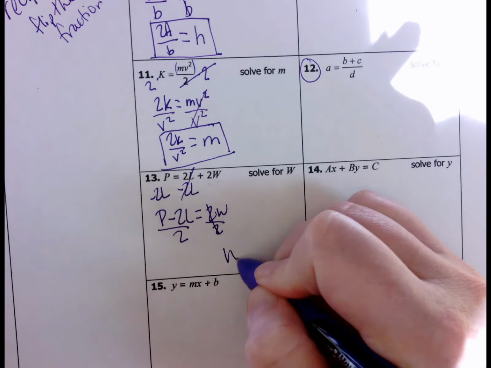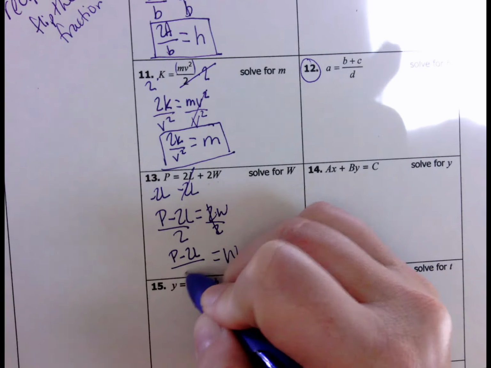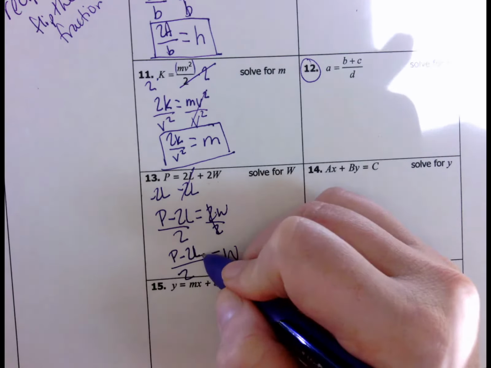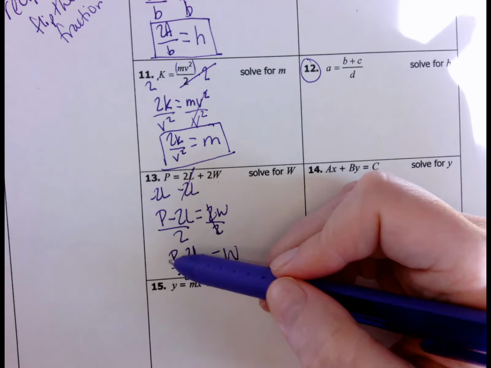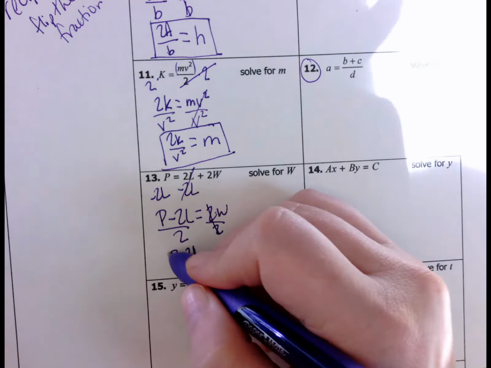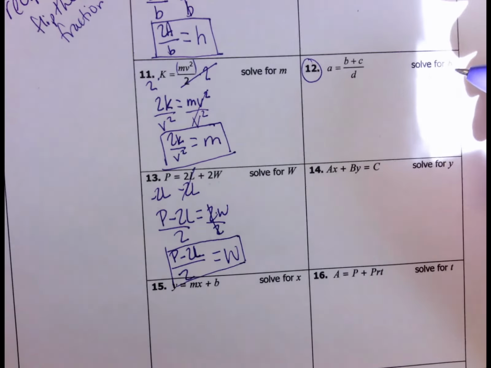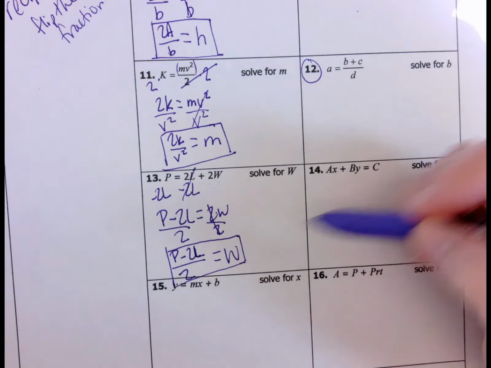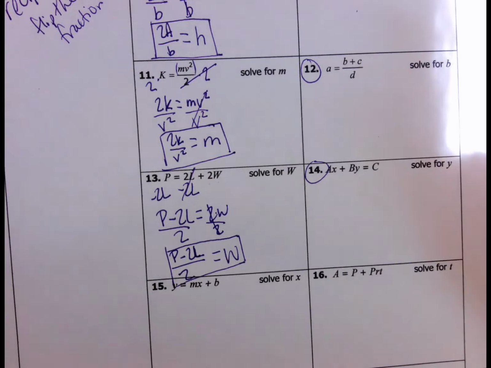Okay, and I'm not going to simplify this any further than writing p minus 2l divided by 2. The 2's here do not cancel out because there's no 2 over here to also cancel. So just leave it as is. P minus 2l divided by 2 is equal to w. All right, and use that equation to help you solve number 14 on your own here in a few minutes.